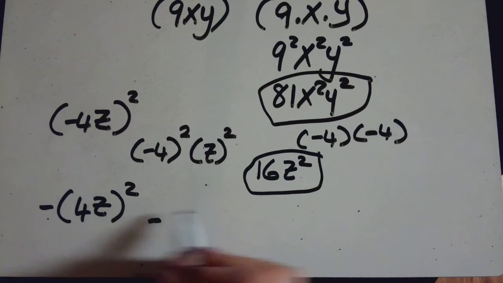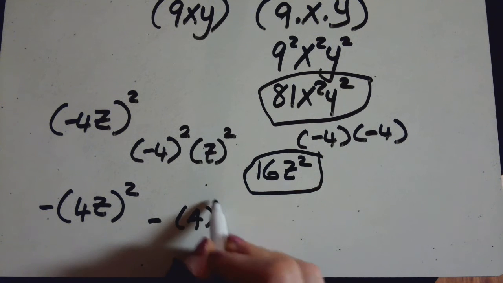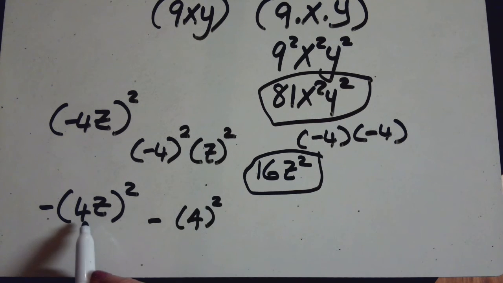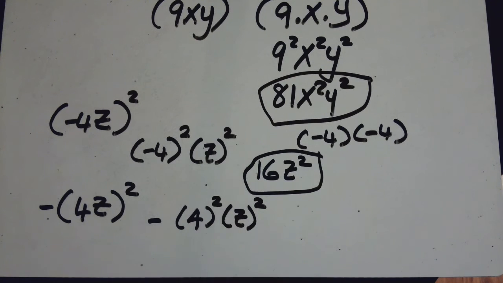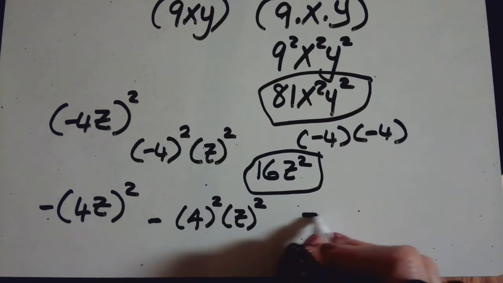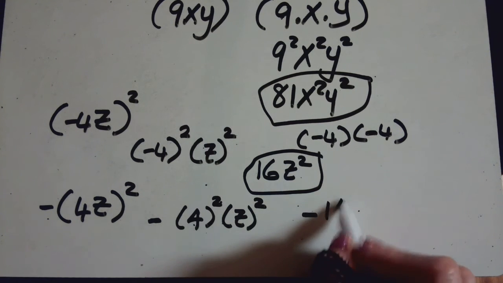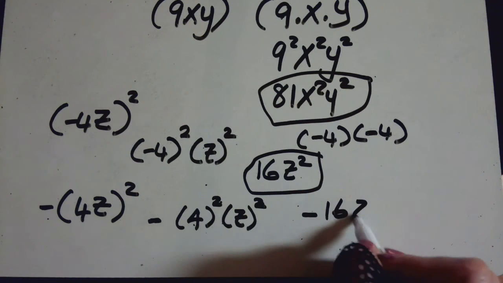So you keep the negative on the outside, and you say 4 to the second power, because that's in the base inside the parentheses, and z to the second power. The negative isn't affected. That was not squared at all. So the negative stays on the outside. 4 squared is 16. Z squared is z squared.